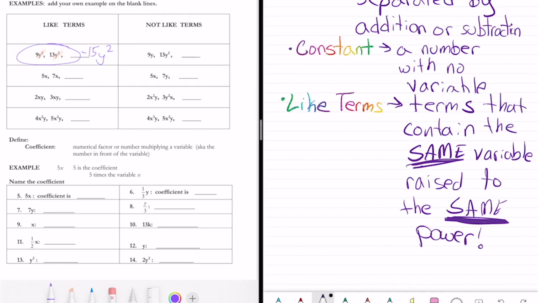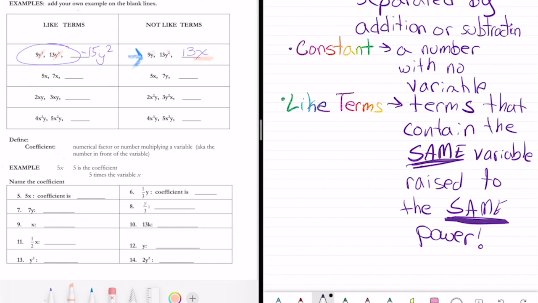What happened here? No, they don't have the same last name. You know why? There's no exponent here, but there is an exponent here. So this is like me saying 13x, because this is not the same last name as the other ones.